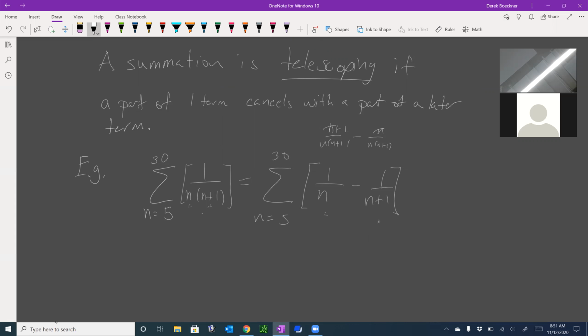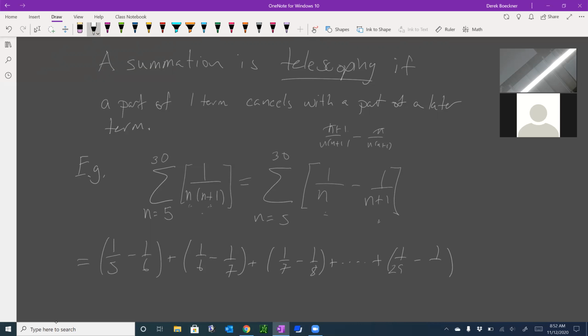But now watch what happens when I write down this sum. I've got 1 over 5 minus 1 over 6 plus 1 over 6 minus 1 over 7 plus 1 over 7 minus 1 over 8 plus dot, dot, dot, plus 1 over 30 minus 1 over 31, right? Let me go one shorter so we see what happens at the tail of it too.